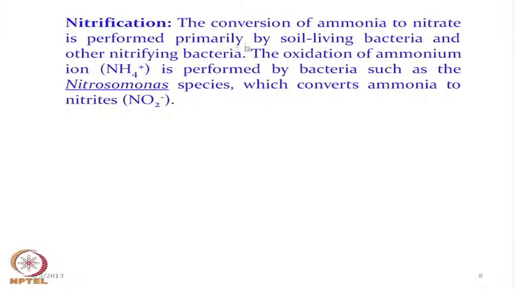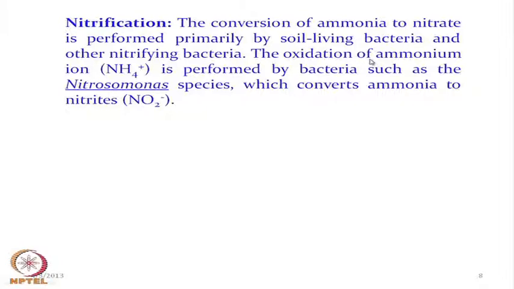This nitrification reaction is the corresponding interrelation between ammonia and nitrate ion, which is performed primarily by the soil-living bacteria and other nitrifying bacteria. So we know that nitrification is taking place directly, and the corresponding formation of nitrates and nitrites is taking place.